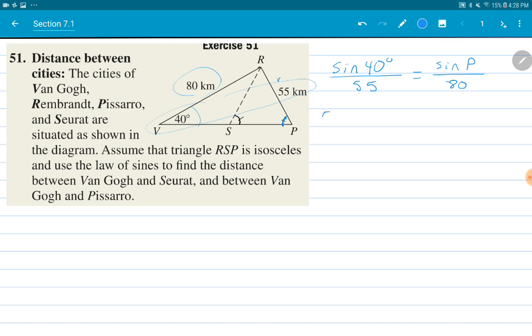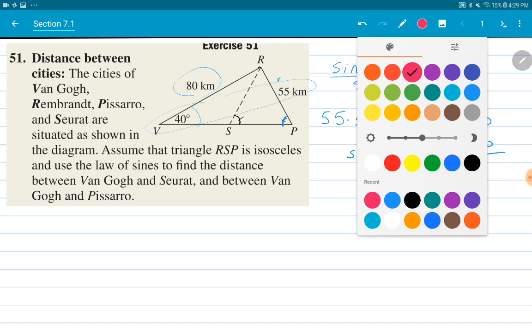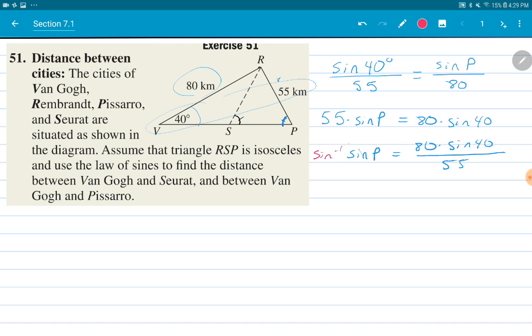Then we cross multiply, and we get 55 times sine of P equals 80 times sine of 40. Divide both sides by 55 to get sine of P equals 80 times sine of 40 divided by 55. And then take the sine inverse of both sides. The sine inverse and sine will cancel.